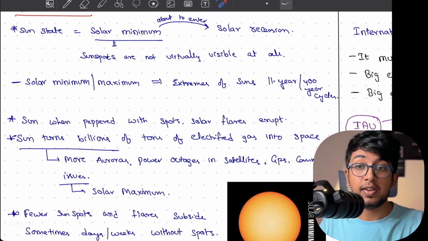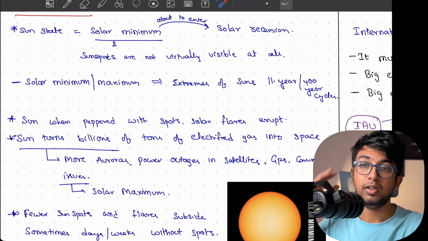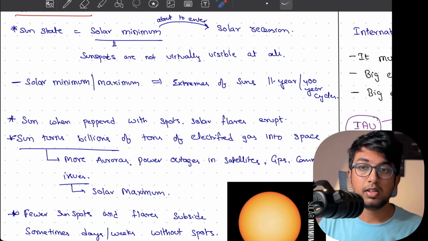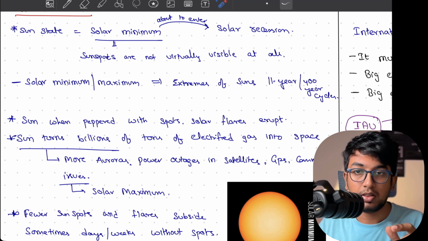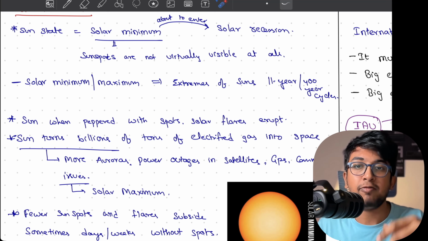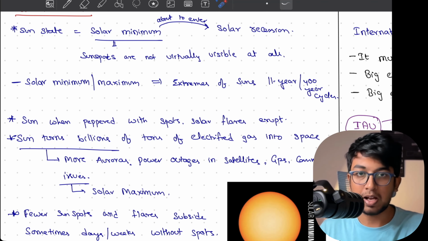This changes every 11 years. That is what the solar minimum and solar maximum are about. When the sun has more spots, there is very little chance of coronal mass ejections or solar flares to erupt.